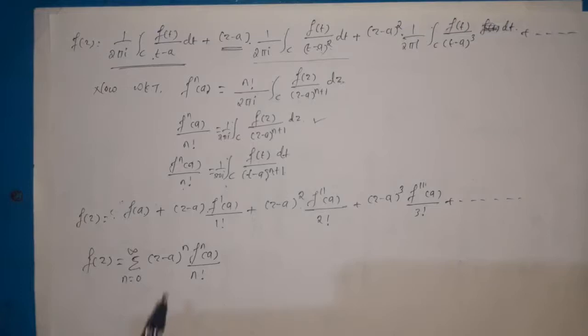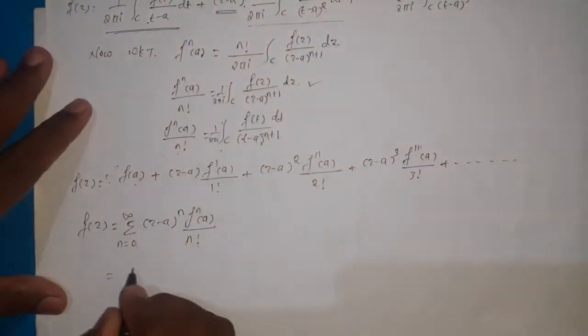In the first term z minus a is also there, but its power is 0, because z minus a whole power 0 is equal to 1. If you substitute n equal to 0, that becomes 1 times f of a divided by 0 factorial, which is 1. So we get f of a as the first term, for n equal to 1 the second term z minus a f dash of a divided by 1 factorial, and the third term for n equal to 2, and so on. Since it is an infinite series, n varies from 0 to infinity, which is the required proof.